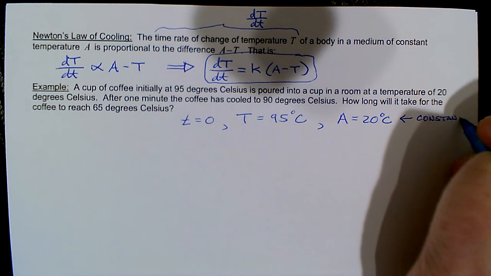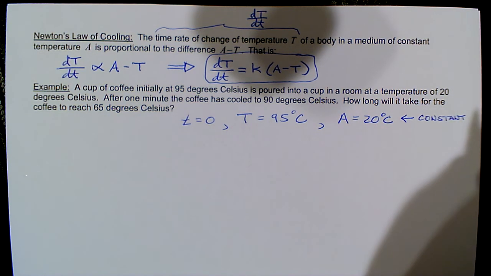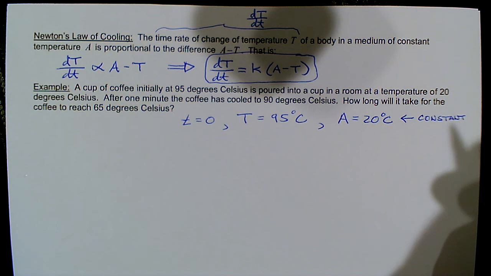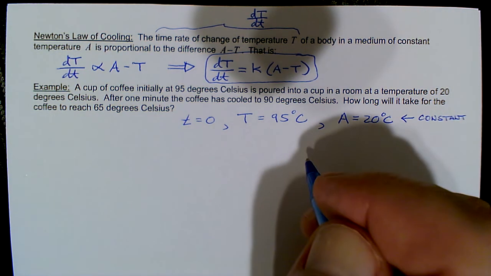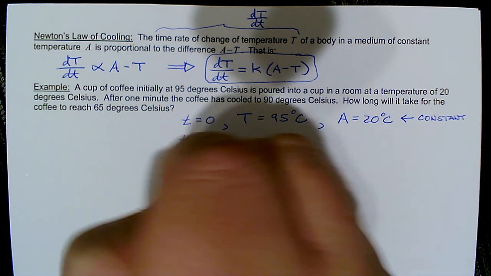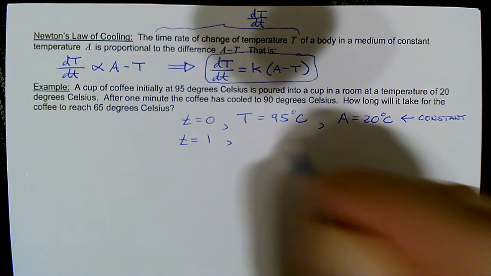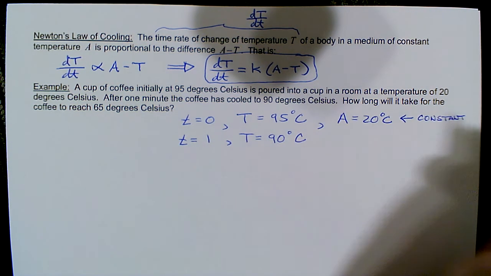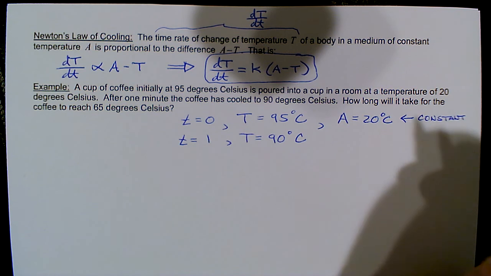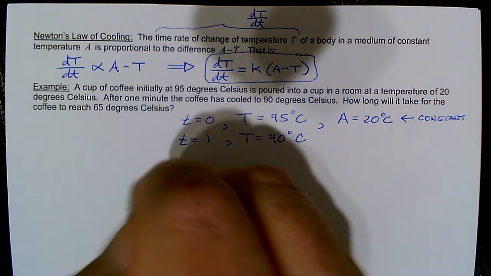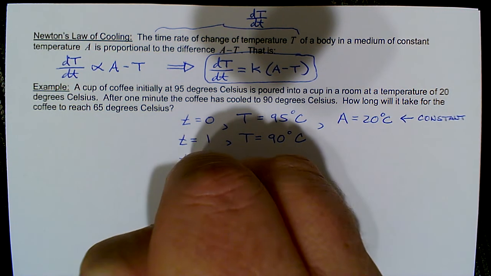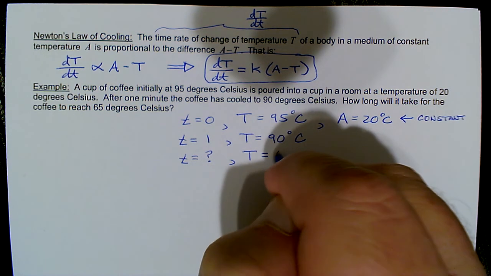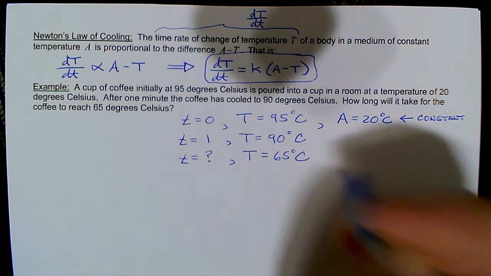We use A for ambient temperature, and note that that's going to be a constant because that's the temperature of the room. So after 1 minute, we have this intermediate condition: the temperature has cooled to 90 degrees Celsius. And then we want to know how long it will take, so t is question mark, for the temperature T to reach 65 degrees Celsius.